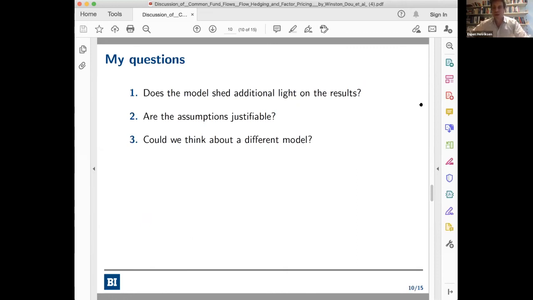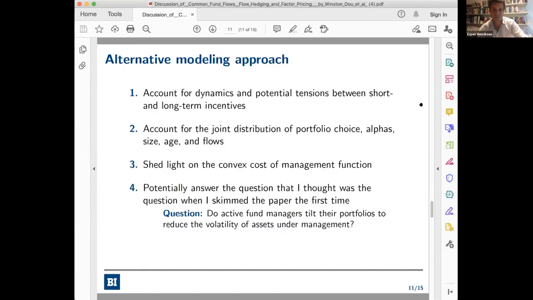And okay, the model is super clever and interesting and intriguing, but I'm not sure whether it leaves you with a feeling, okay, it's possible to write down a model that accounts for what we observe, and then that the assumption is pretty strong. So actually, I think that it is possible to write down a different model. And I'll spend the last four minutes trying to talk about that.